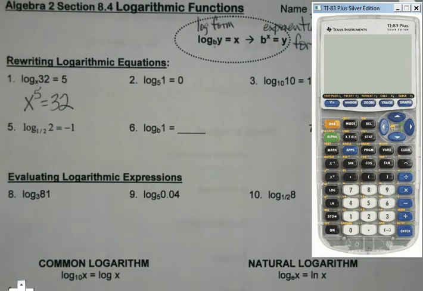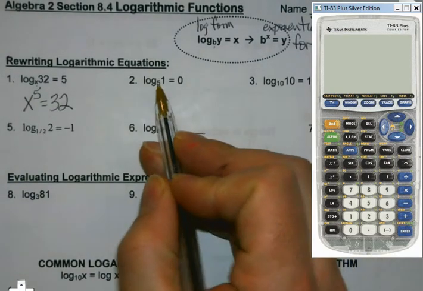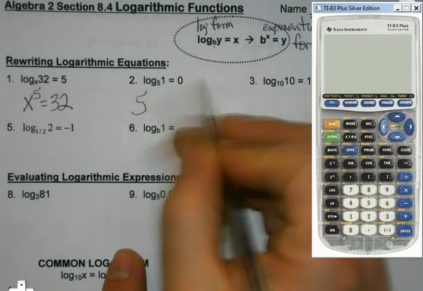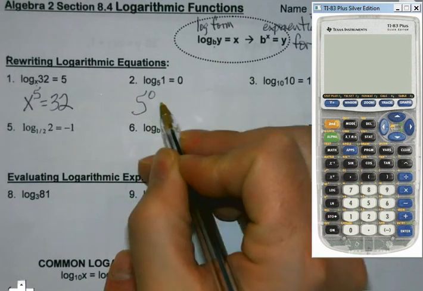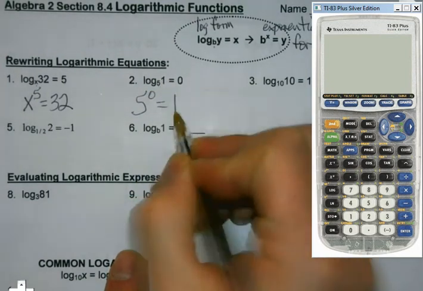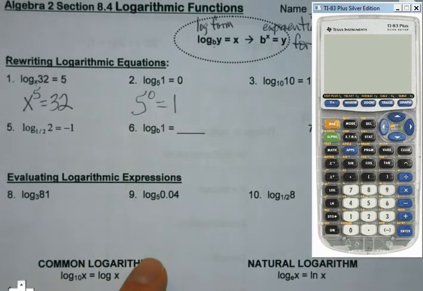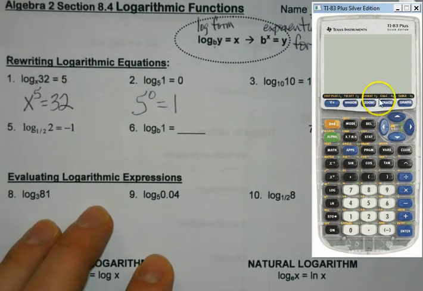I just want you to get used to how this sets up and works. But it always is going to be the same. Base, exponent, answer. Oh, 5 to the 0 power is 1. Okay, that makes sense. So you'll get true statements with these as you fill them in.